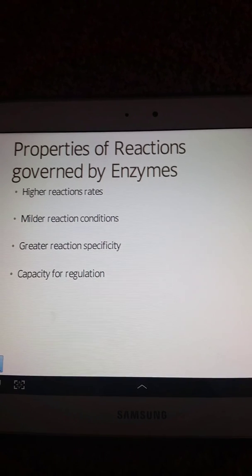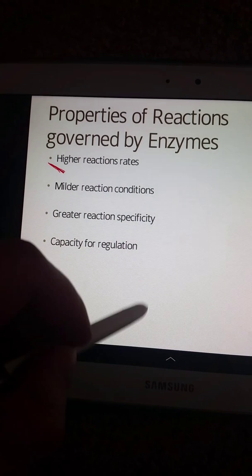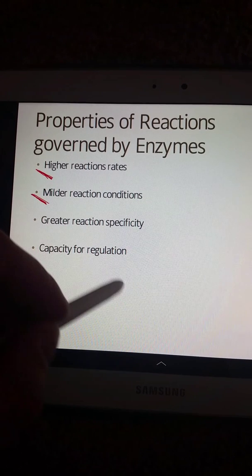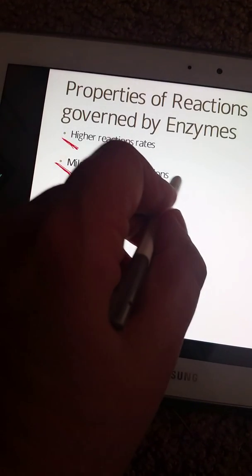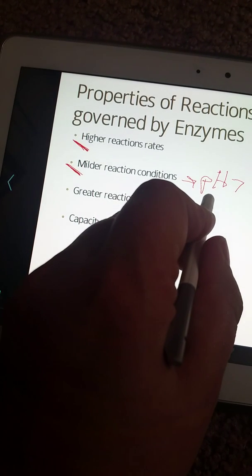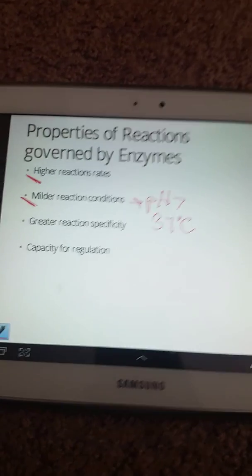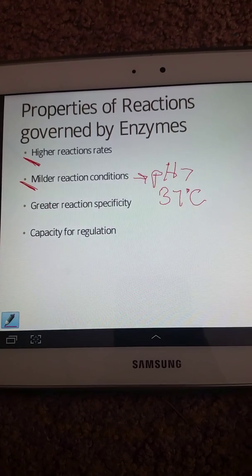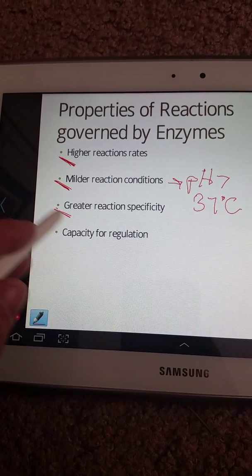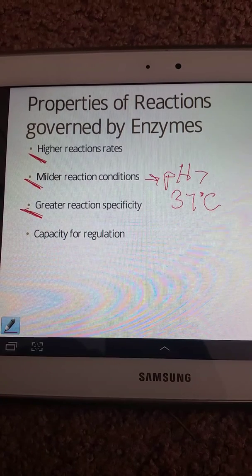So, some properties of reactions governed by enzymes. They typically have higher reaction rates, so the reaction can occur much quicker. They can occur under milder reaction conditions, such as physiological conditions, which is pH 7, low pressure, as well as mild temperature conditions, 37 degrees C. They have greater reaction specificity, so you don't get any side products or unrelated products.